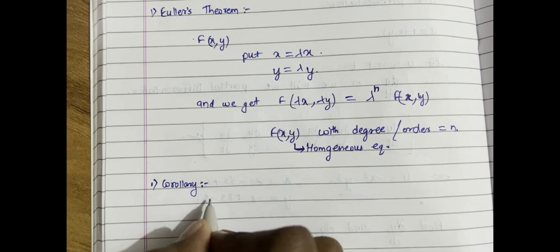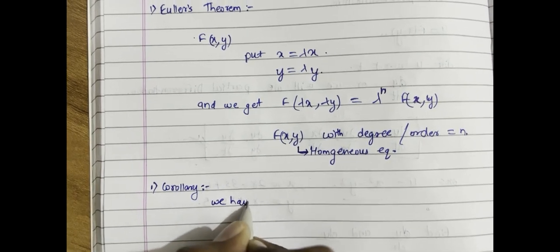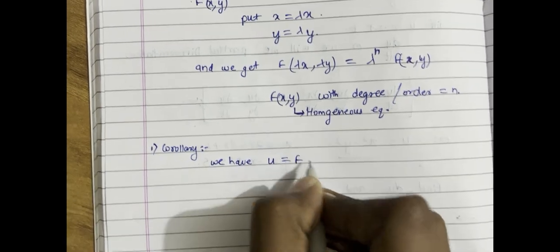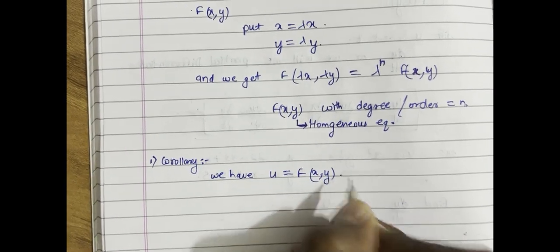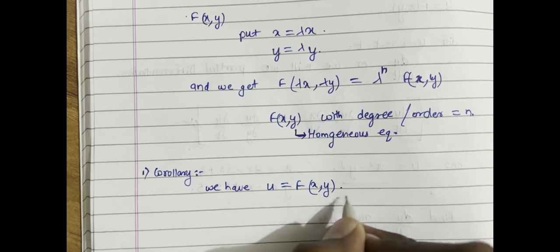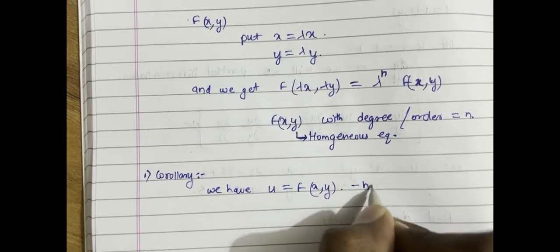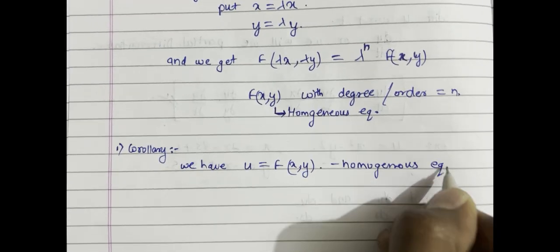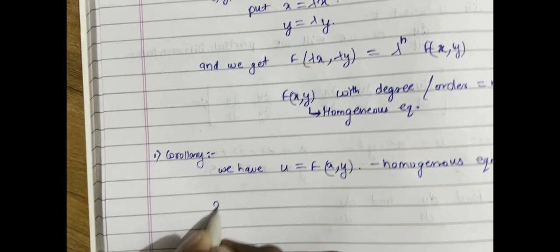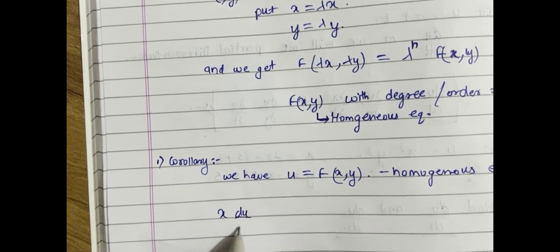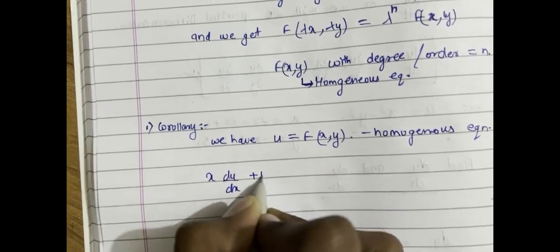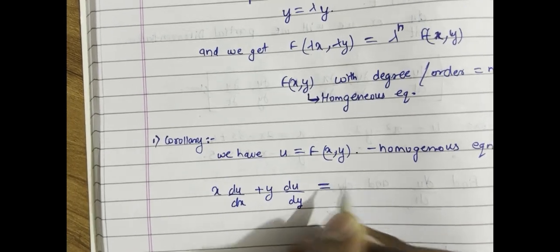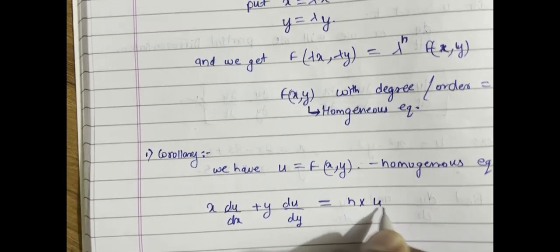Corollary one is, if we have an equation u that is equal to f of x comma y in terms of x and y, and it is a homogeneous equation, then x into du by dx plus y into du by dy is equal to n into u.